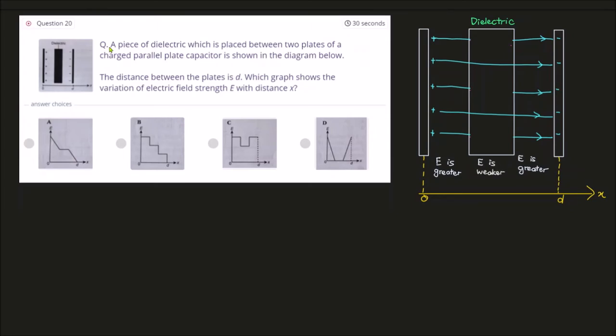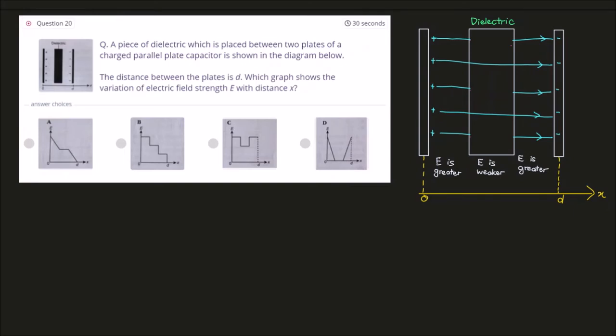Another thing that we observe is the number of electric field lines that I draw over here will be the same as the number of electric field lines that I draw at the right hand side. So the left hand side and the right hand side of the dielectric share the same magnitude of uniform electric field. With that said, I believe you will probably see something like this.